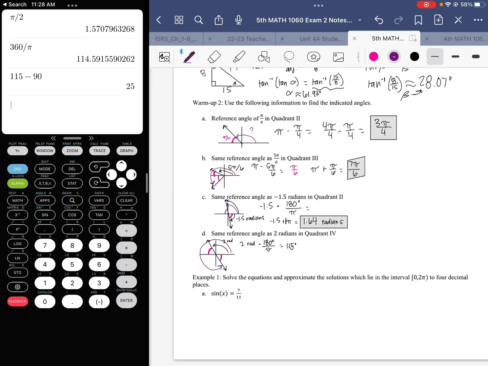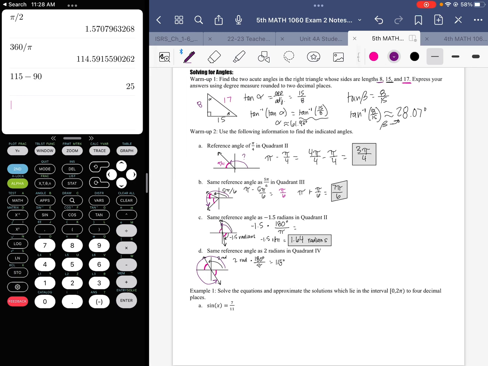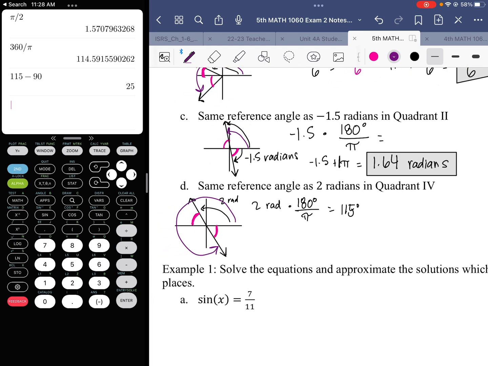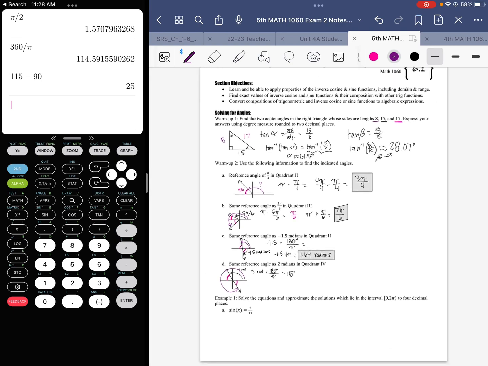Now, both of those would fall into quadrant 4, so I don't know that there's necessarily a right or wrong answer of if you should do the positive version or the negative version. My inclination is to do the positive, but you can decide what you like better there. It doesn't specify.